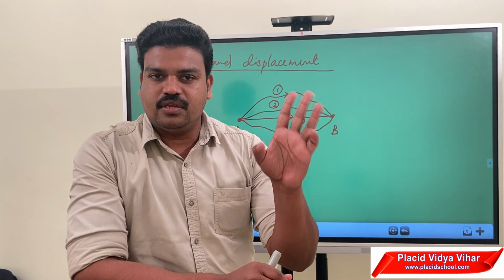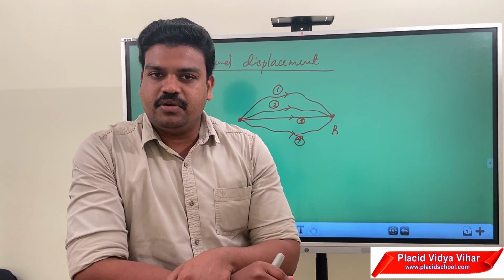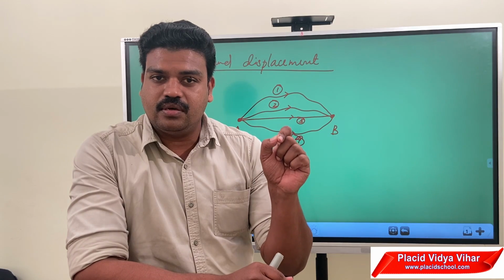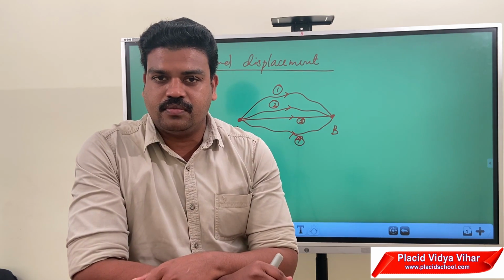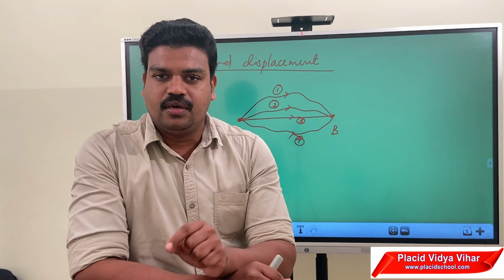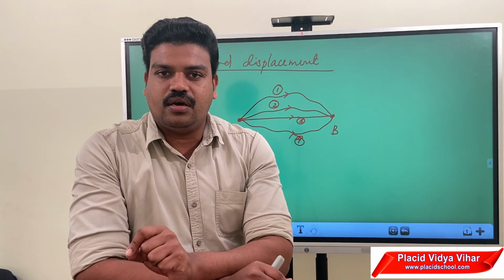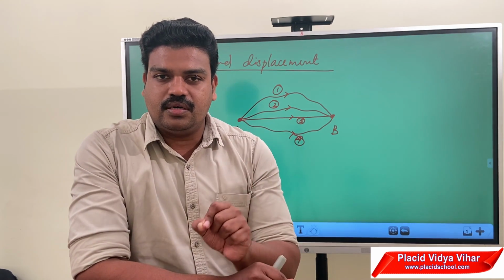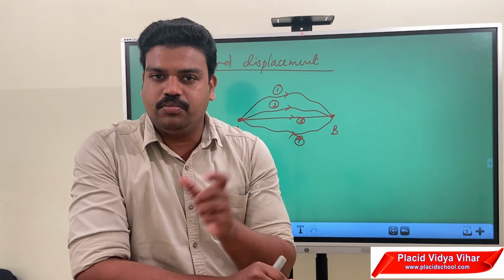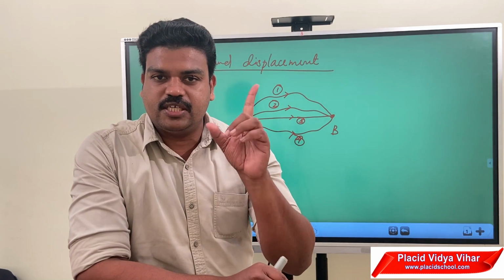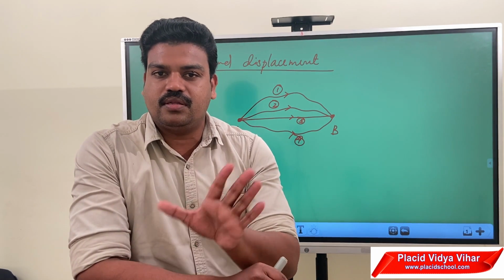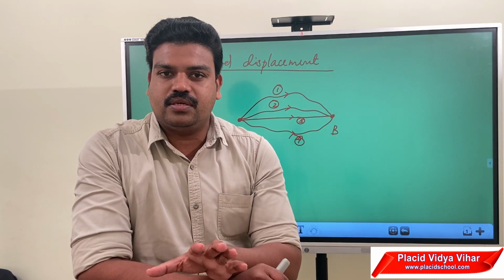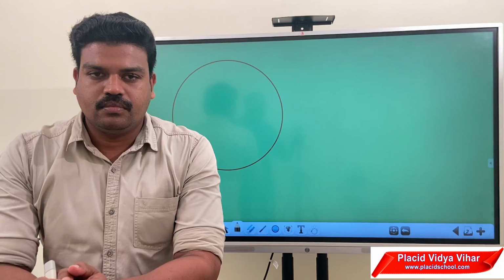The other major difference is that distance depends on the path followed, but displacement depends only on the initial and final positions. Distance has multiple values between 2 points, but displacement has a unique value. These are the major differences between distance and displacement.